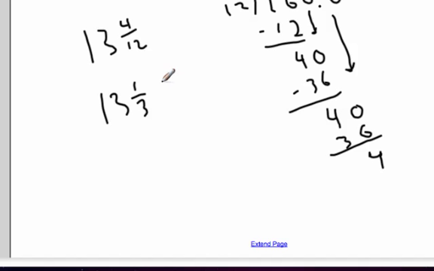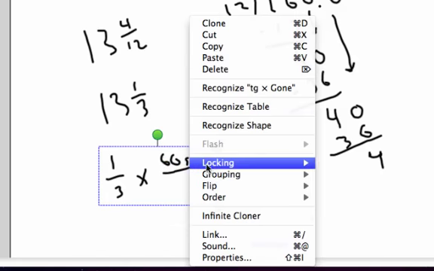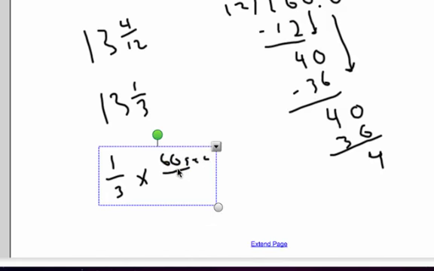And 1/3 of a minute in seconds is just 1/3 of 60, so 1/3 times 60 seconds. We can put the 60 over 1, because if you divide something by 1, it doesn't change the value of it.